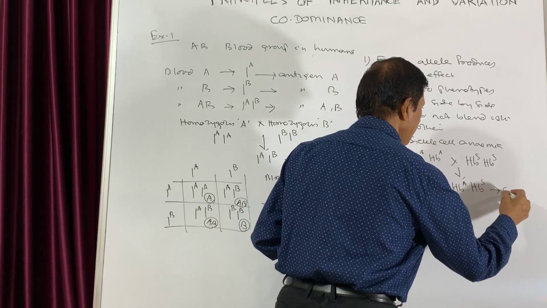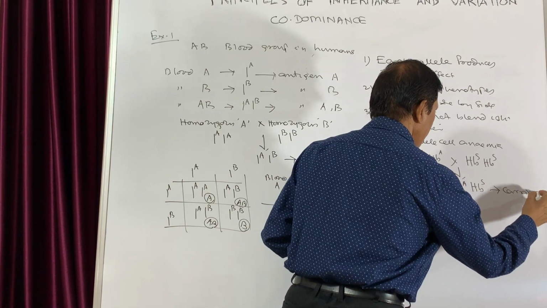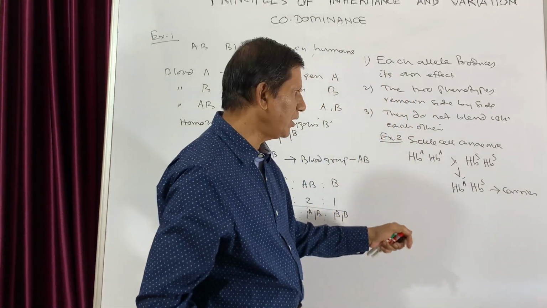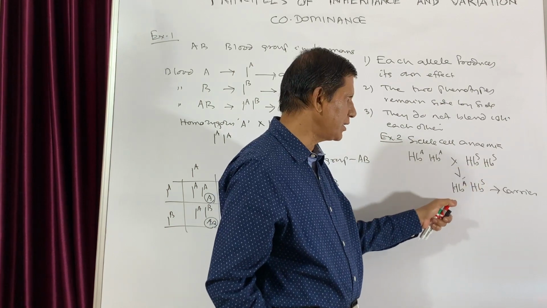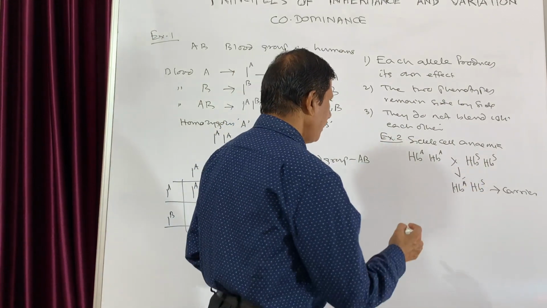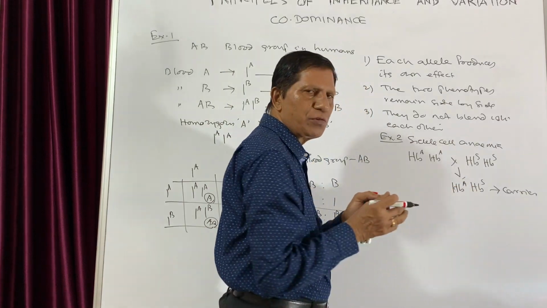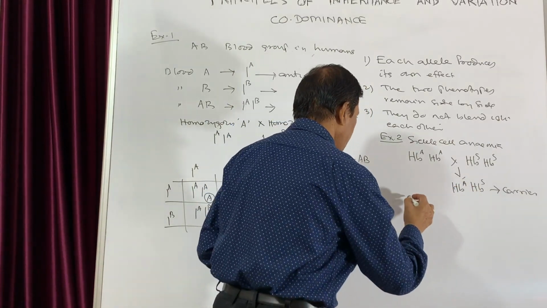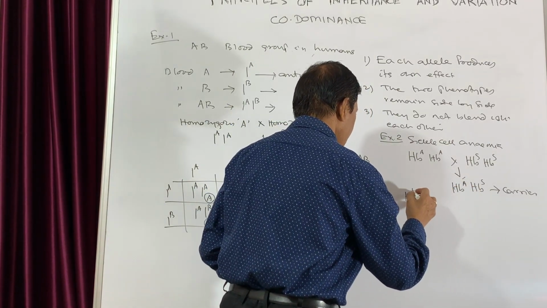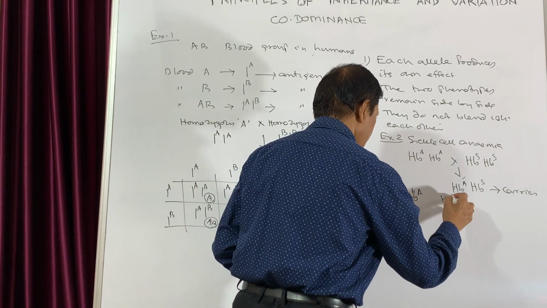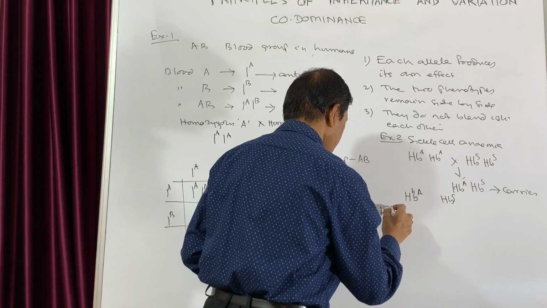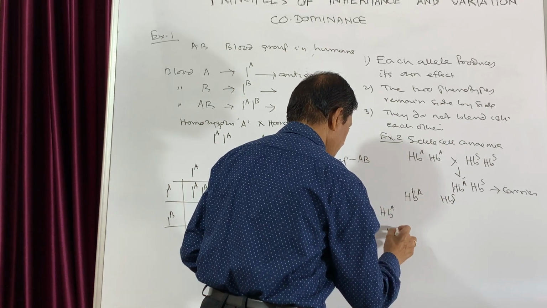That means a carrier, who is neither normal nor a sufferer of sickle cell anemia. Now, if two such persons marry, what will happen in the next generation? HbA HbS, and on this side also HbA HbS.